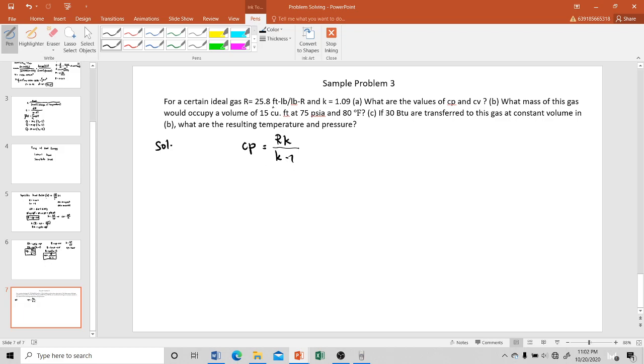So for R, we have 25.8 times the k of 1.09 over 1.09 minus 1.